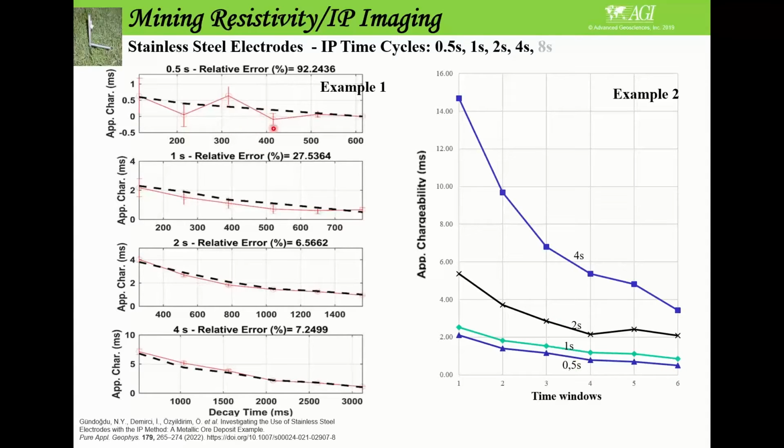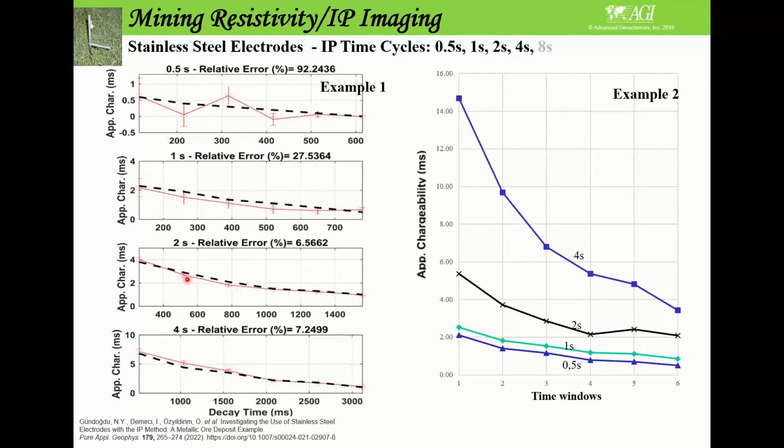But if I increase the time cycle to 1 second, you can still get the expected decay curve. The red is the field decay curve, and it is close to the black, a good shape more or less. But you can see that from 0.5 to 1 second, you improve the fluctuations in the noise level.